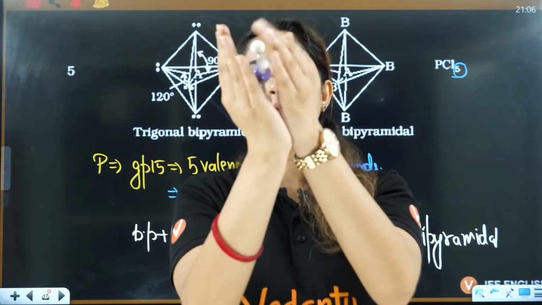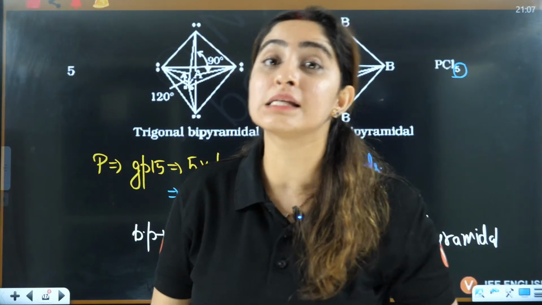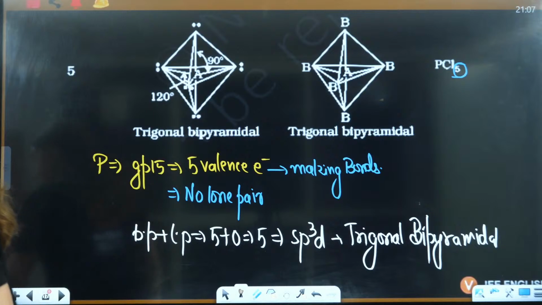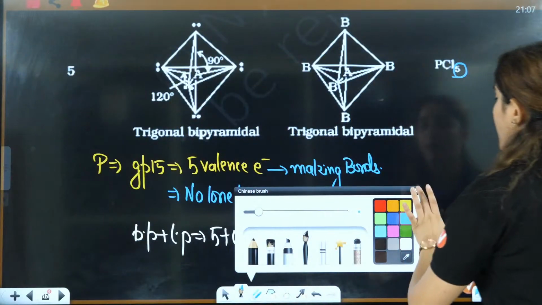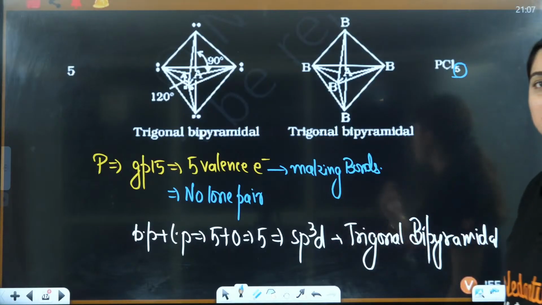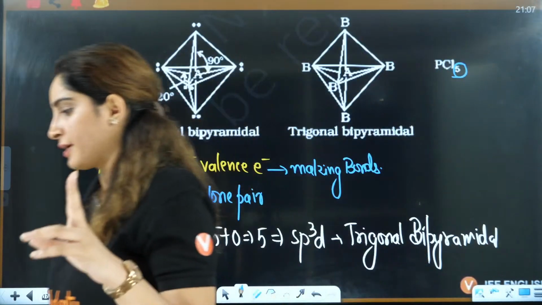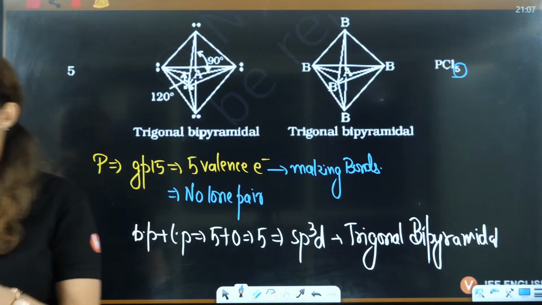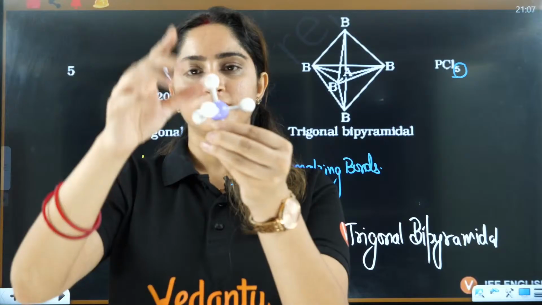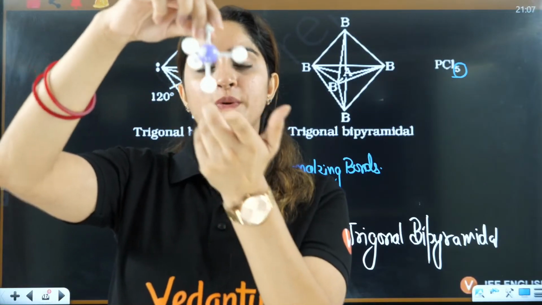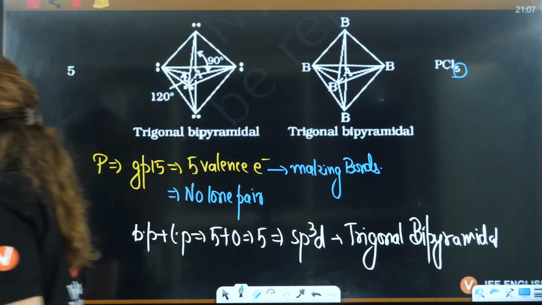First is this pyramid, then there is this pyramid. That's why it is called trigonal bipyramidal, because it is having 2 pyramids here. This is trigonal, and this above and this below are pyramids.